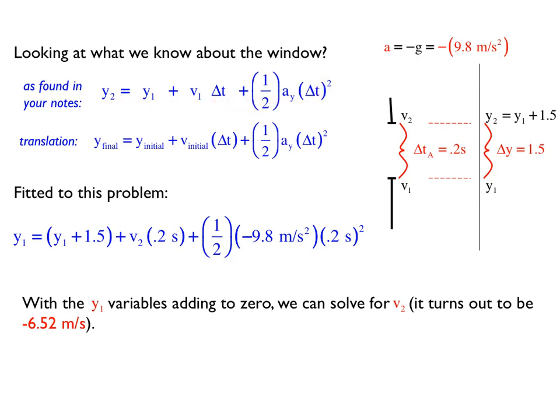You know t, you know a, you know what delta y is when you bring the y2 and y1 over. Delta y is minus 1.5. The only thing you don't know is the initial velocity of the interval, which according to our sketch is going to be v2. So if you put all that information in down here and you solve for v2, you come up with minus 6.52.